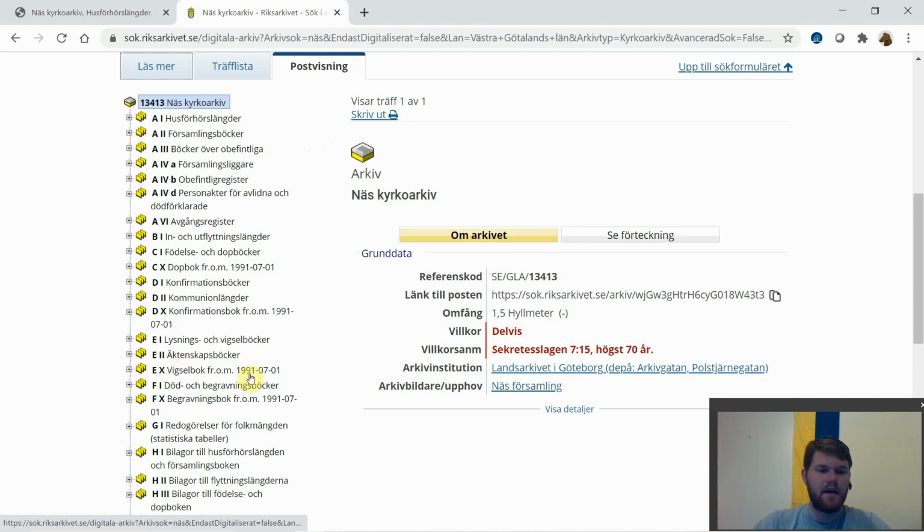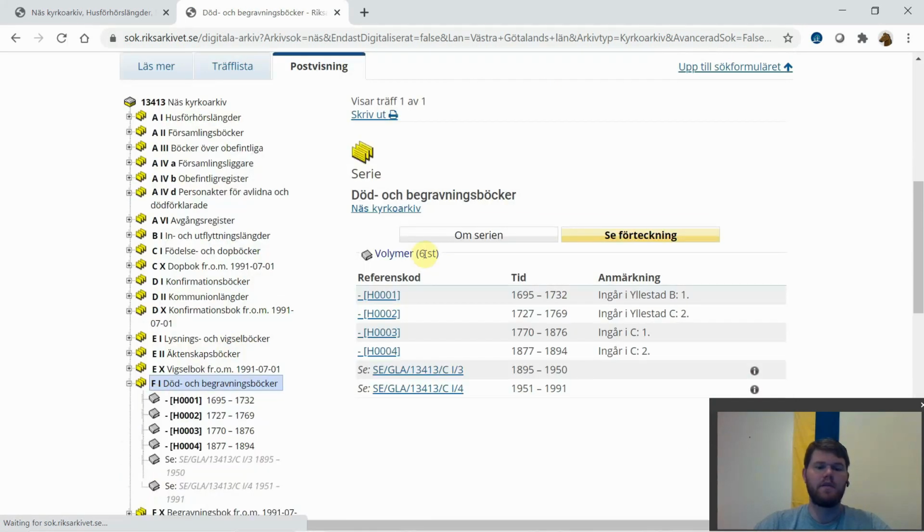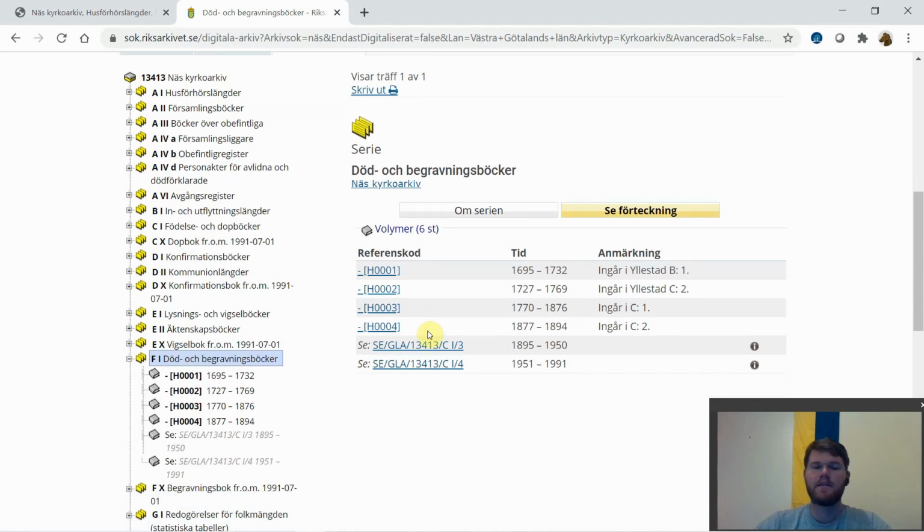So the deaths are down on the F. Their archival letter is F. And so we go to the deaths, and here's an example of the deaths for various dates being in different books.